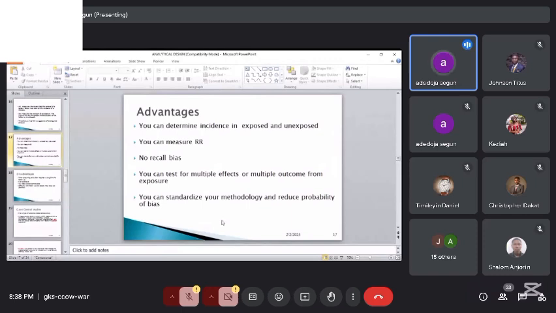You follow the people that you have grouped into two groups for a period of time, and you are trying to see the effect of a particular exposure on the outcome of interest. Maybe for 6 months, you start now, then you move forward to the next 6 months.